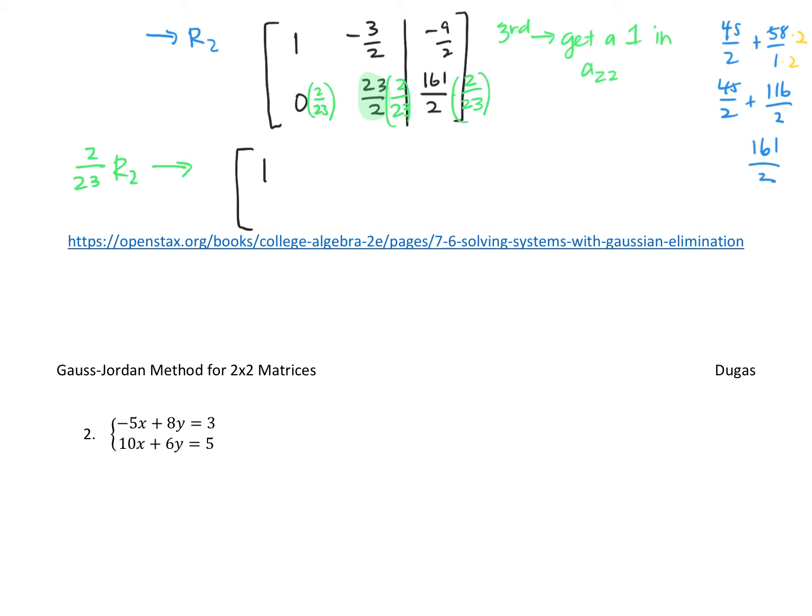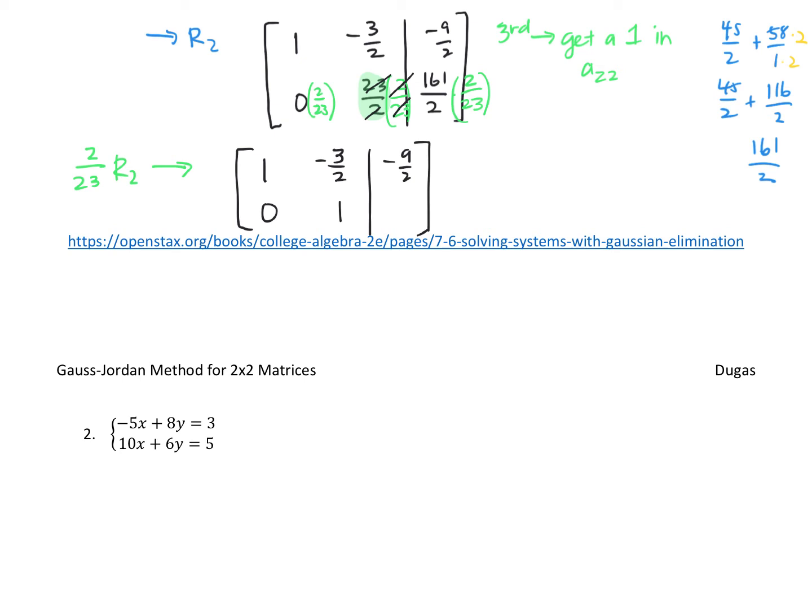First row, we don't change, so 1, negative 3 halves, negative 9 halves. And then in the second row, 0 times anything is still 0, so multiplying across by a constant does not hurt our 0. The 2's cancel and the 23's cancel out, so that will be 1, which is exactly what we want.